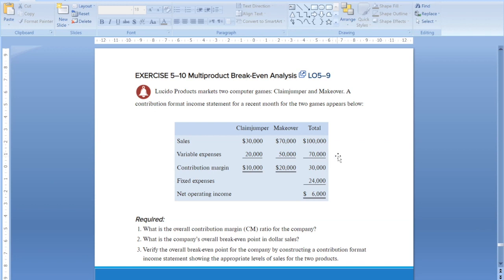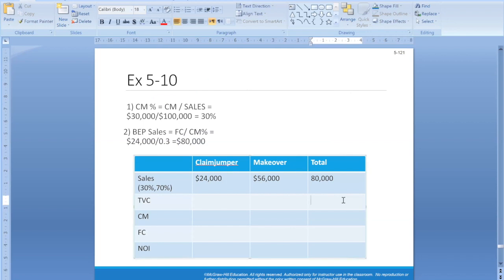So 70% out of 80 will represent the total variable cost. This equals 56,000, which is 70,000 out of 80,000.